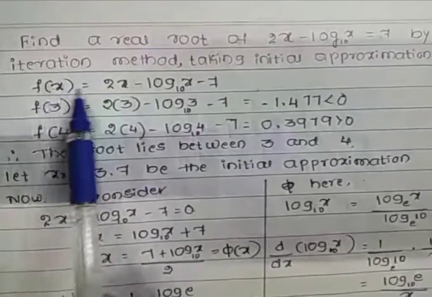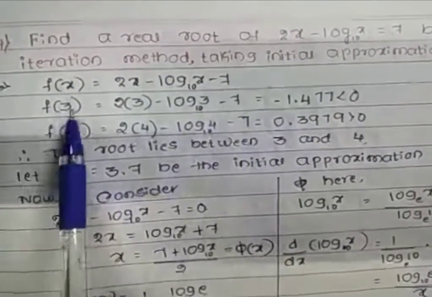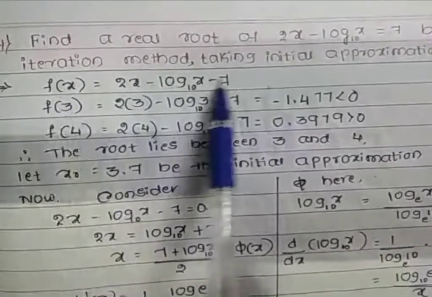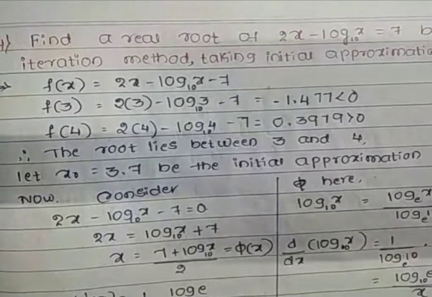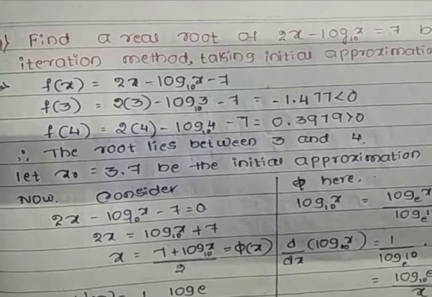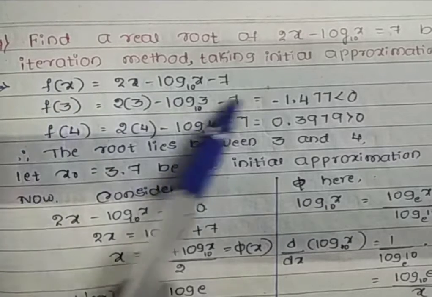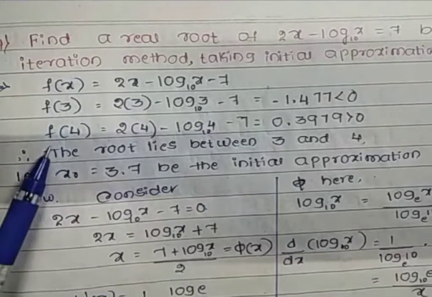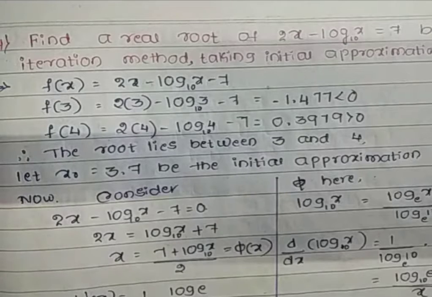Therefore, first replace x using 3 and then replace x using 4. No need to substitute here 0, 1, 2 or any other numbers. Directly substitute x value as 3, calculate the value. Directly replace x value as 4 and then simplify.